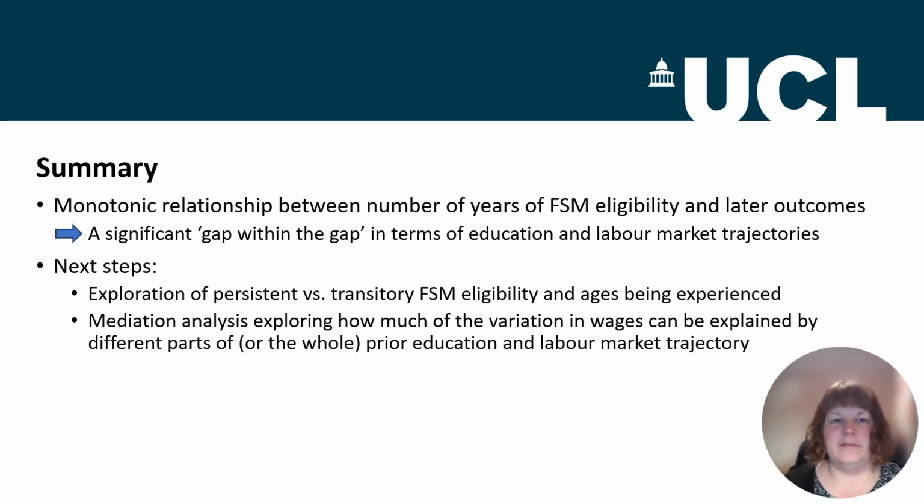And then as I mentioned, the next part of what we're going to be doing is a mediation analysis, which is going to help us understand how much of these very large differences in wages we can explain using the trajectories that we're creating.